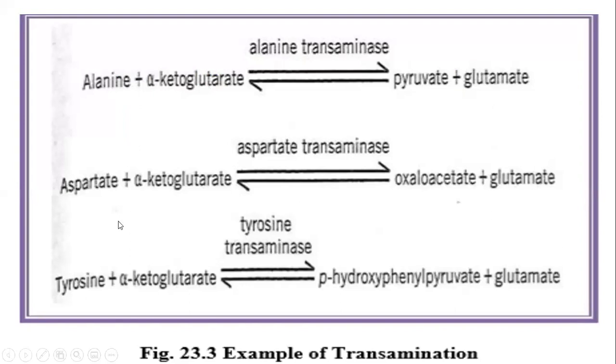In the second reaction, aspartate reacts with alpha KG in the presence of aspartate transaminase, and aspartate is converted into oxaloacetate, and just like the previous reaction, alpha KG is converted into glutamate. In the next reaction, tyrosine reacts with alpha KG in the presence of tyrosine transaminase, and tyrosine is converted into para-hydroxyphenylpyruvate, and in this reaction also, finally glutamate is produced.